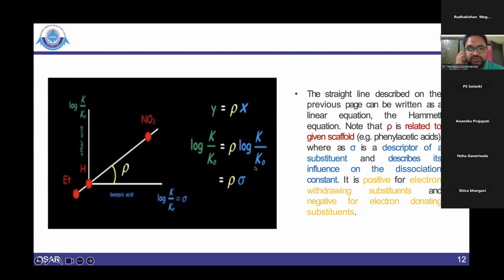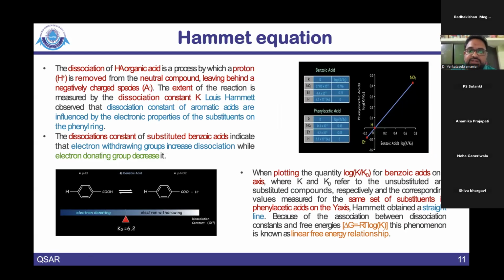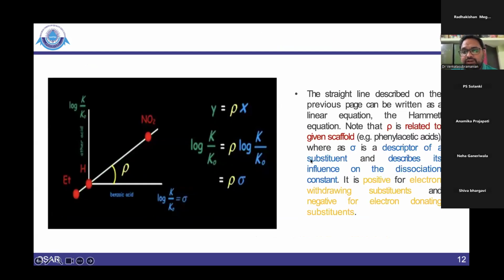Okay, so these two values can be calculated for every substituent. Every substituent has different specific values, and what he observed is that they are very characteristic, and from these values we can easily calculate the pKa values and so on.